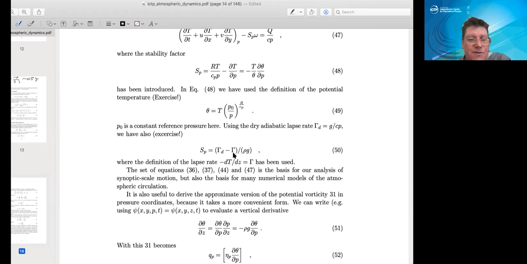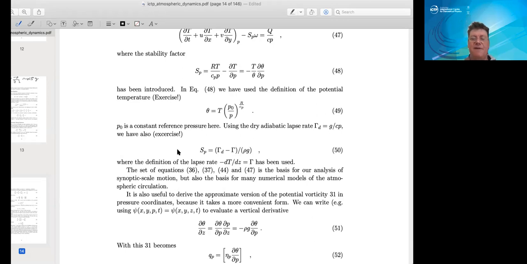So if the atmosphere is stable in the large scale, which we always assume, then this stability factor, S_p, is always positive. Only if our actual lapse rate becomes like the dry adiabatic one, then this can become 0 or even negative if this is larger. But for our large scale, at least theoretical considerations, this will never be the case.